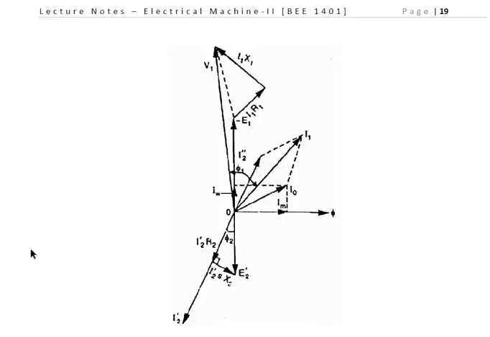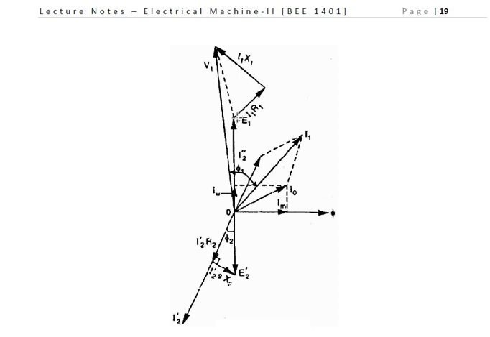Now let's understand the phasor diagram for the three-phase induction machine. First of all, we draw minus E1, the induced EMF at the stator side by applying the V1 voltage.